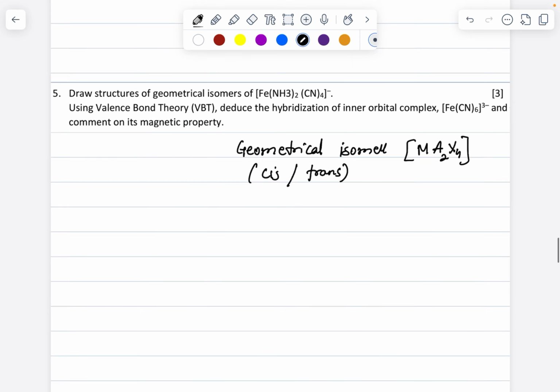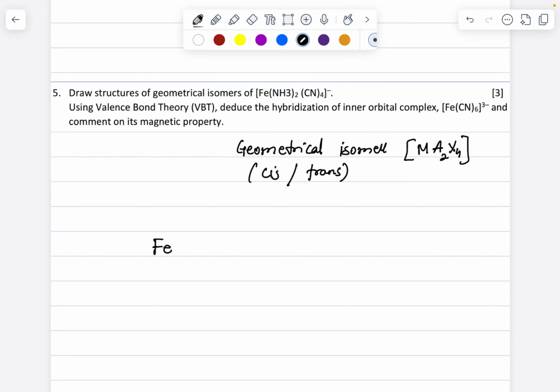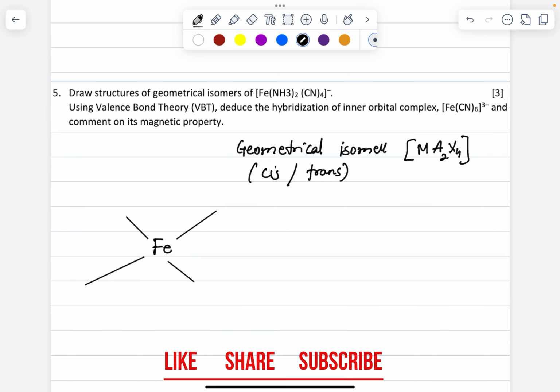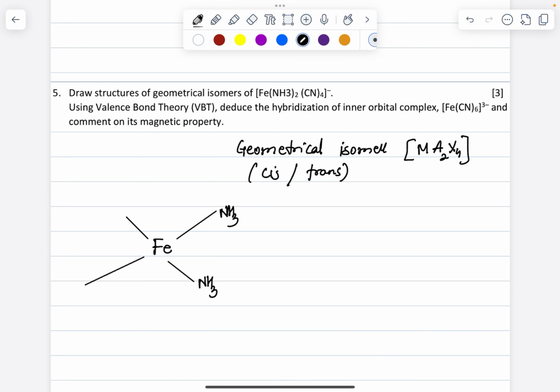So how I will write this is iron. There are two NH3 ligands and four cyanides. I'll put the four cyanides over here: CN, CN, CN, CN.